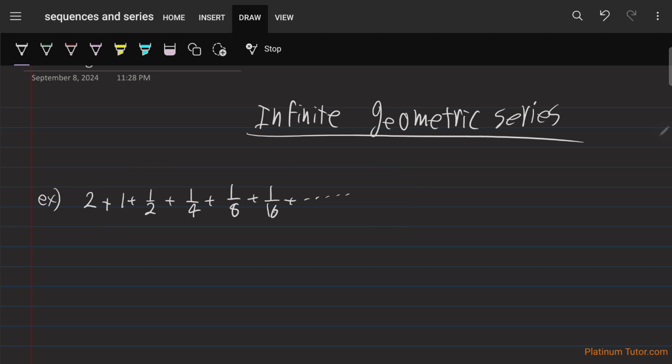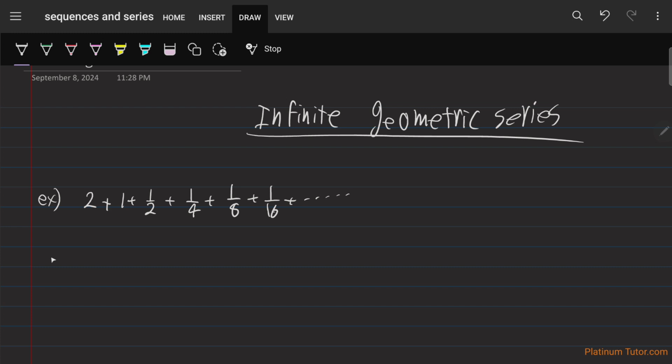Okay, now surprisingly, even though these are infinite, we still have a way of finding the sum of this. So if a specific condition that we'll talk about in a second is met, we can actually find the sum of an infinite geometric series, which is very interesting.